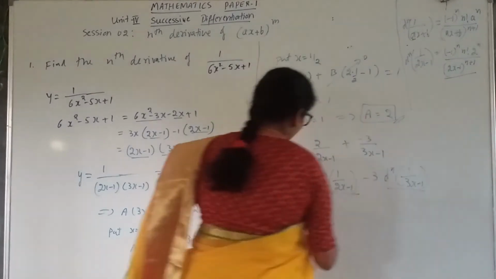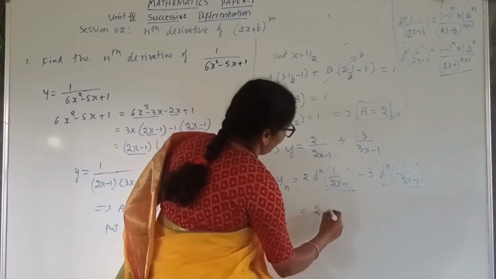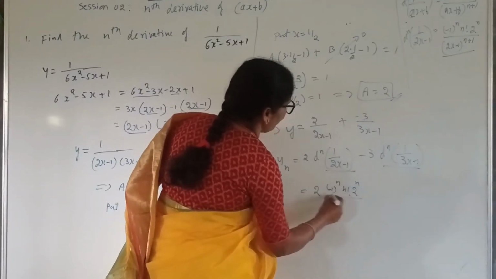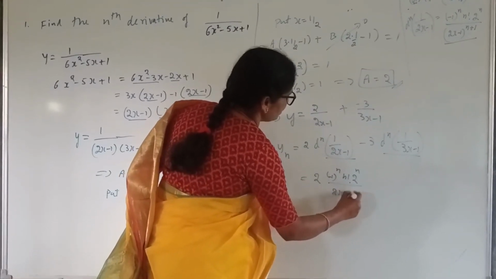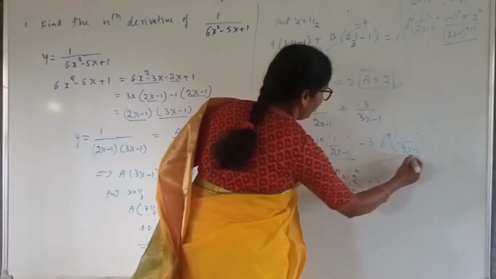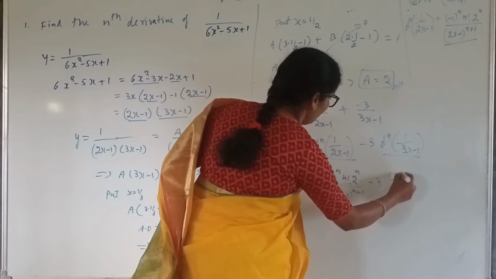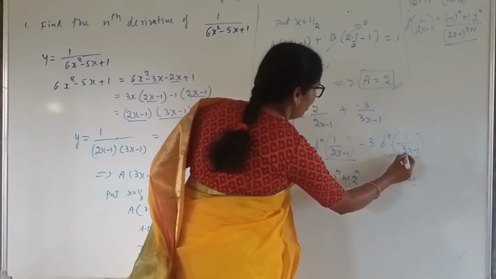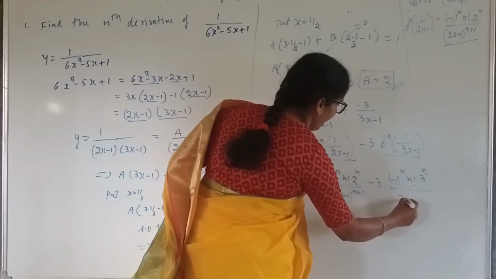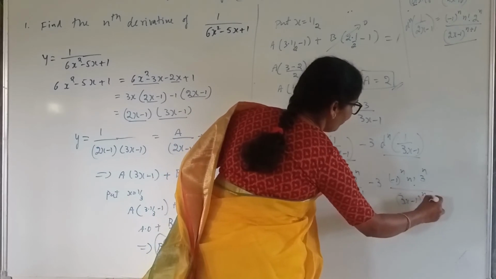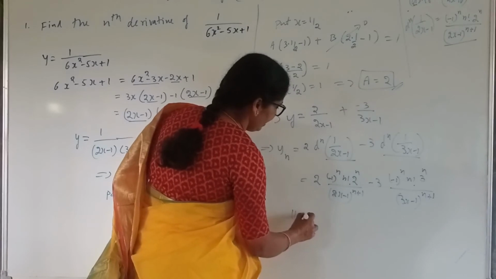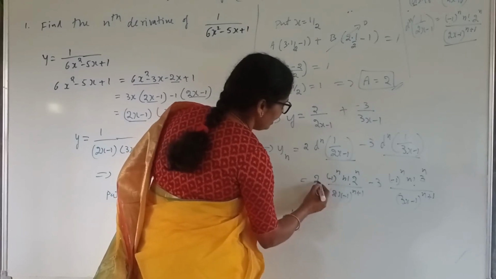We will substitute here, which is 2 into (-1)^n factorial n 2^n by (2x minus 1)^(n+1). Similarly, we can expand this. It will be (-1)^n factorial n. a is 3 here, so 3^n by (3x minus 1)^(n+1).